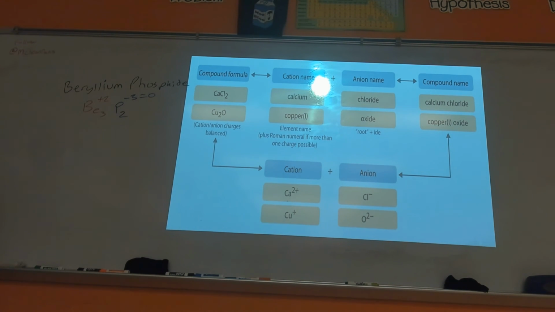But the shortcut that will always work is whatever the charge is on the anion, that's how many cations you need. Whatever the charge is on the cation, that's how many anions you need. And just to be clear, the reason why there's 3 berylliums and 2 phosphoruses, if you have 3 positive 2 charges, is it phosphoruses or phosphori?